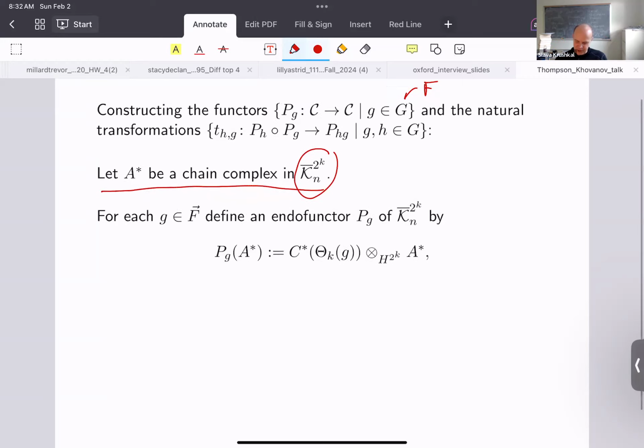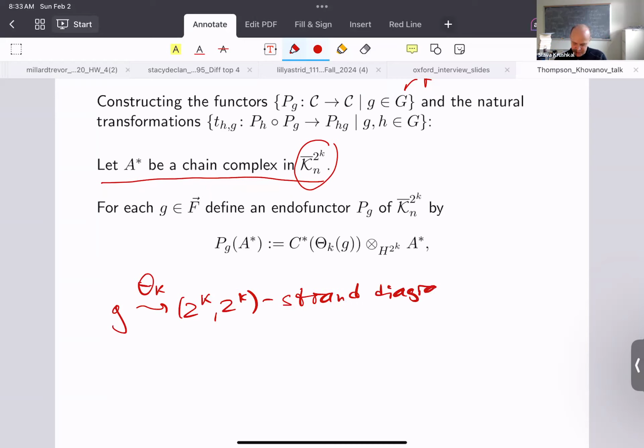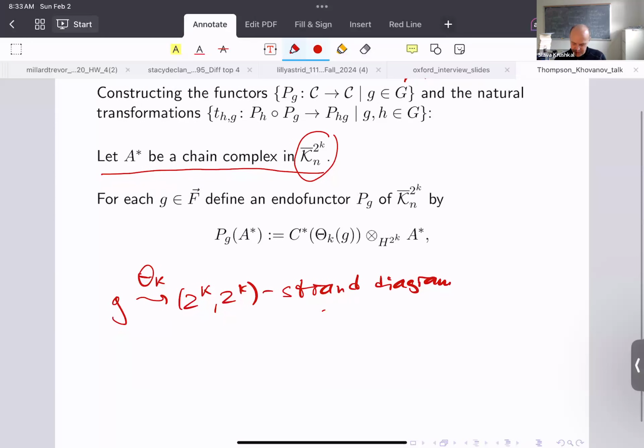And we also have an element G of the Thompson group. Well, from an element G, we have this construction theta sub k, which gives us a 2 to the k strand diagram. From that, we construct a tangle.